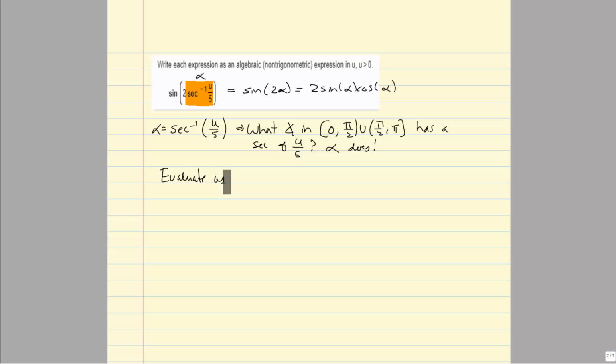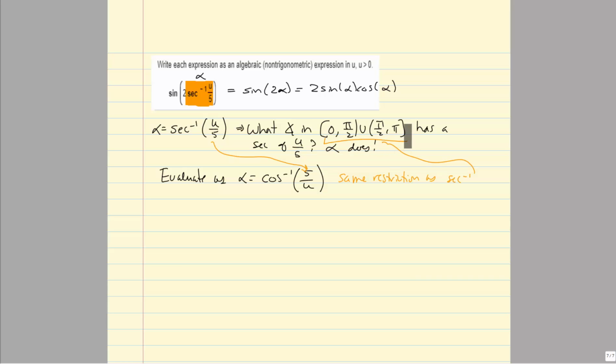Okay, so from here, alpha equals inverse cosine, and this would be flipped, of 5 over u, because remember, u over 5 flips. Now I need to keep the same restriction as the inverse secant.